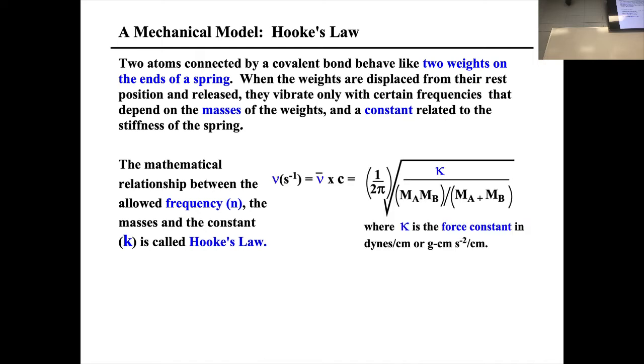You are not going to have to do this math, so don't panic on me. I'm not going to make you do the math. But this is Hooke's law. Hooke's law, okay, talks about the frequency of that vibration, and it's proportional, notice, to the mass of the atoms that are connected together, and this K, which is called a force constant.